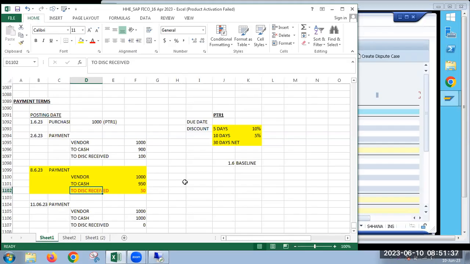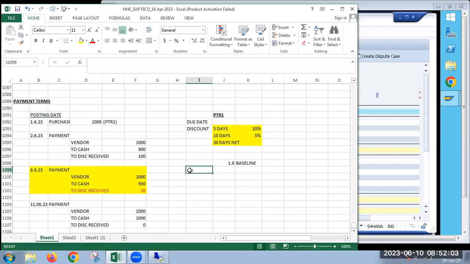So here, beyond this payment term creation and assignment, we have to assign a GL account for the automatic posting of the discount. The same transaction, if it is with a customer, then what can be the entry? Same transaction.